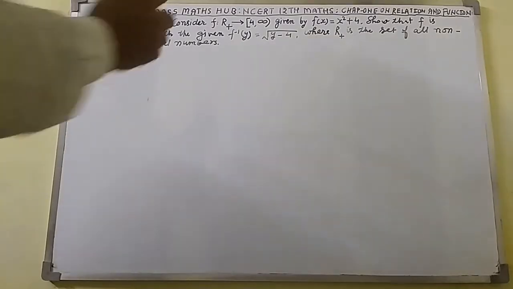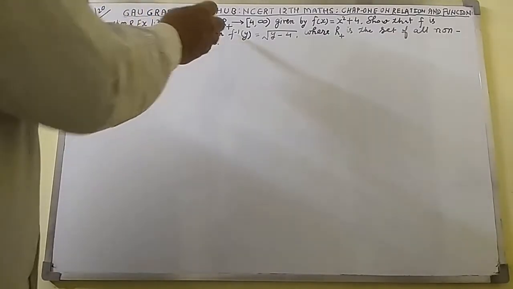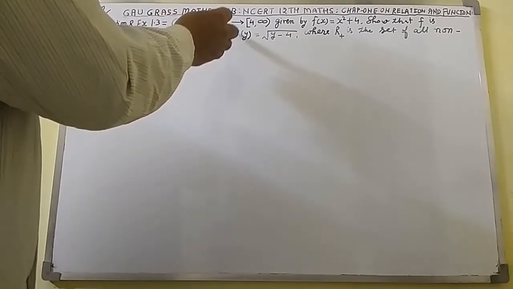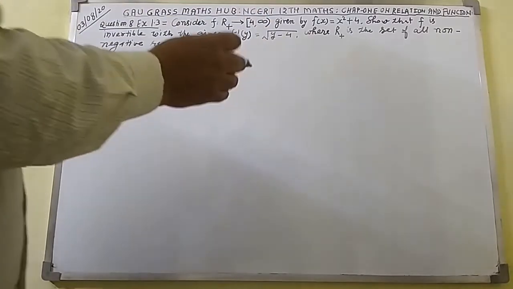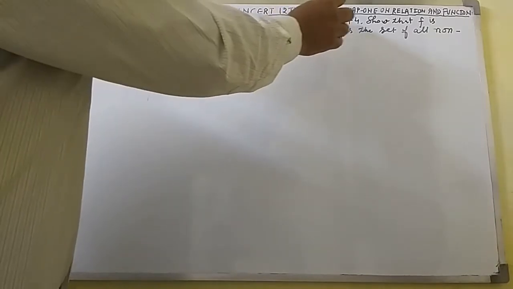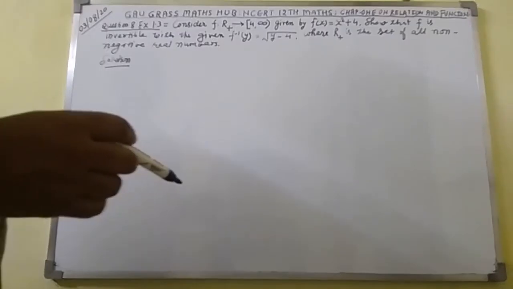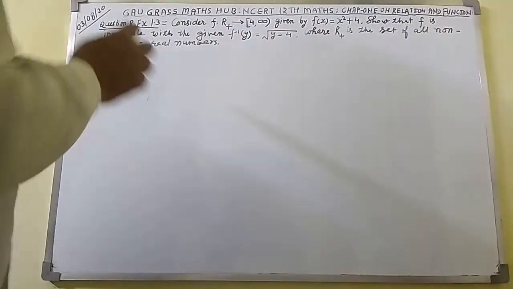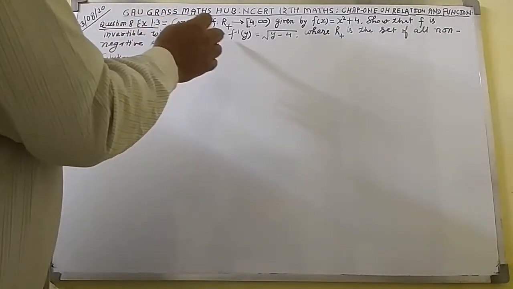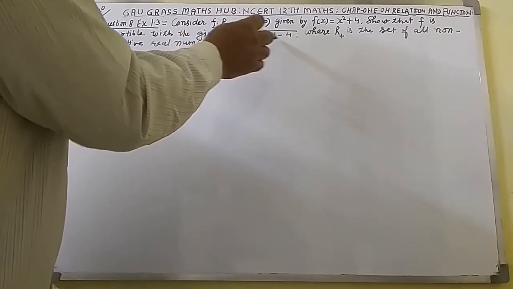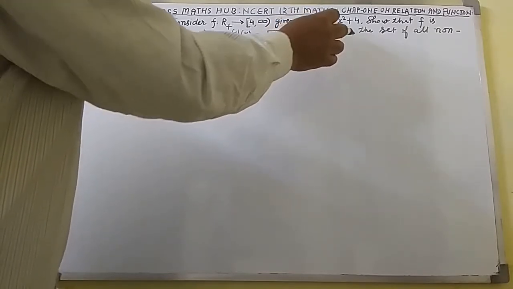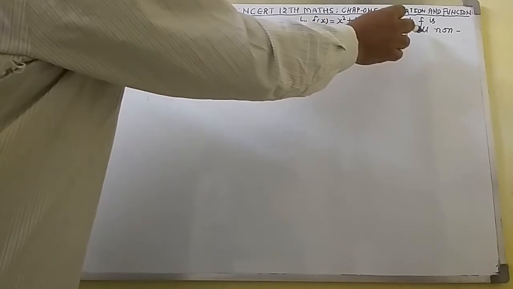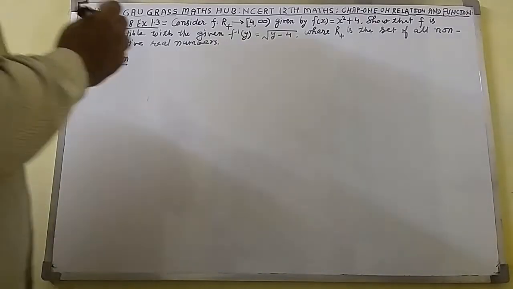Consider f from R+ to the closed interval [4, ∞) given by f(x) = x² + 4, so that f is invertible with the given f inverse of y equal to √(y − 4), where R+ is the set of all non-negative real numbers. Now let us come to the solution.